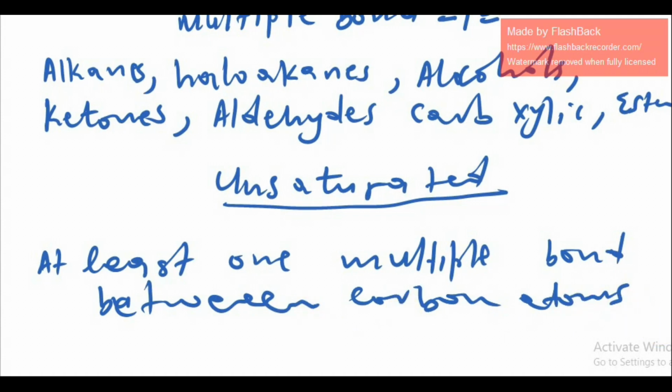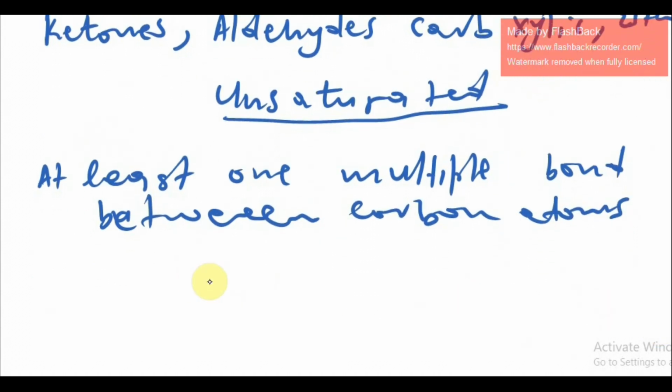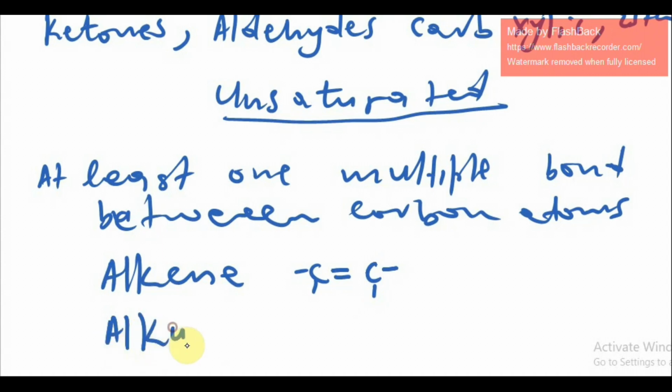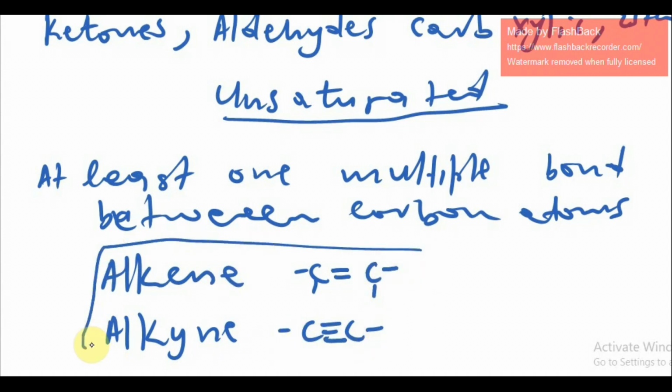For example, alkenes: the functional group for alkenes is carbon double bond carbon. The double bond is a multiple bond. Alkynes have a triple bond between carbon atoms. Therefore, these are the only compounds that are said to be unsaturated because they have a multiple bond between carbon atoms.